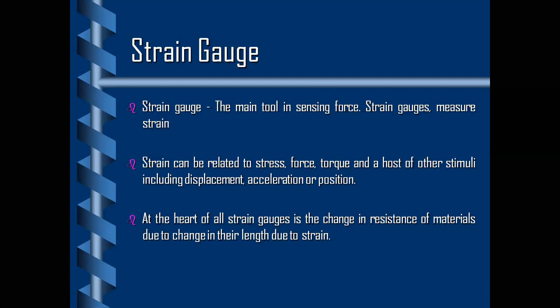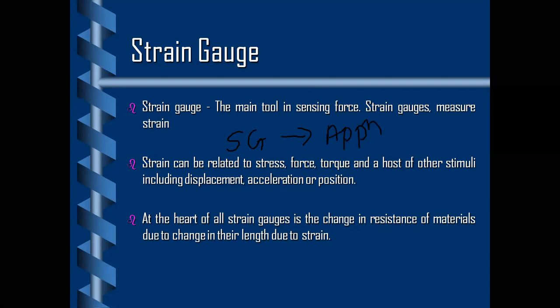...to stress, stress due to force, torque, and a host of other stimuli, including displacement, acceleration, or position. So here one can come to the conclusion that a strain gauge can be used for measurement in a large number of applications.